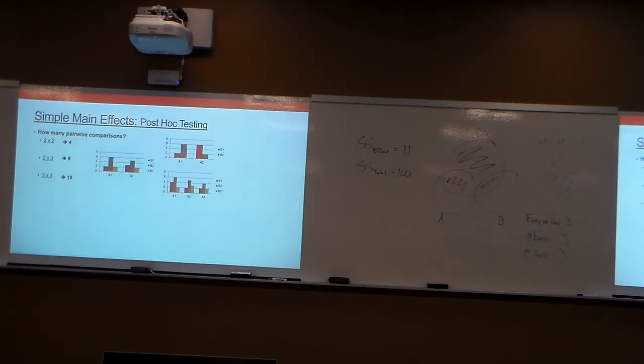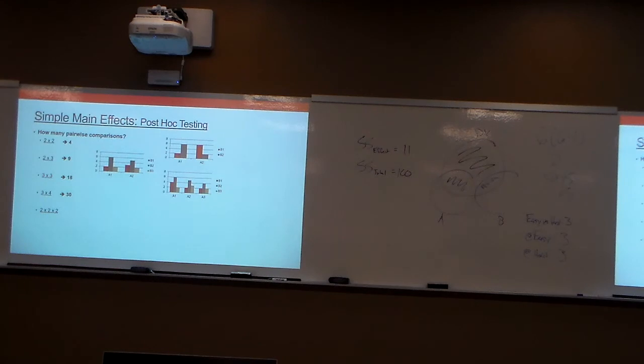We're up to 18 here, right? We've got 1, 2, 3, 4, 5, 6, 7, 8, 9, 10, 11, 12, 13, 14, 15, 16, 17, 18. 3 by 4, now we're up to 30.